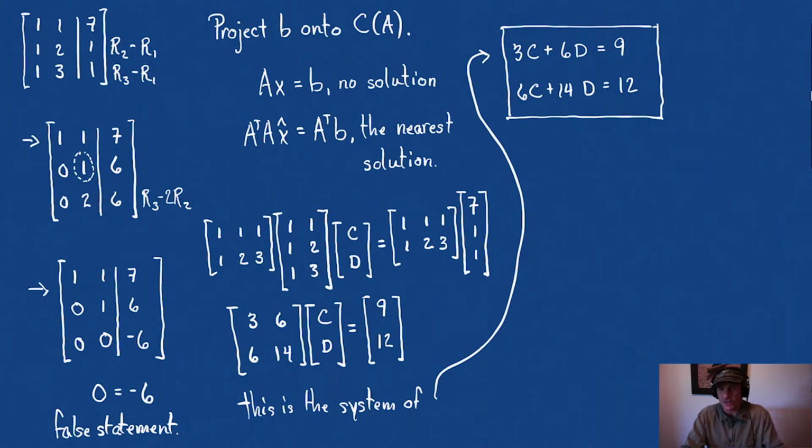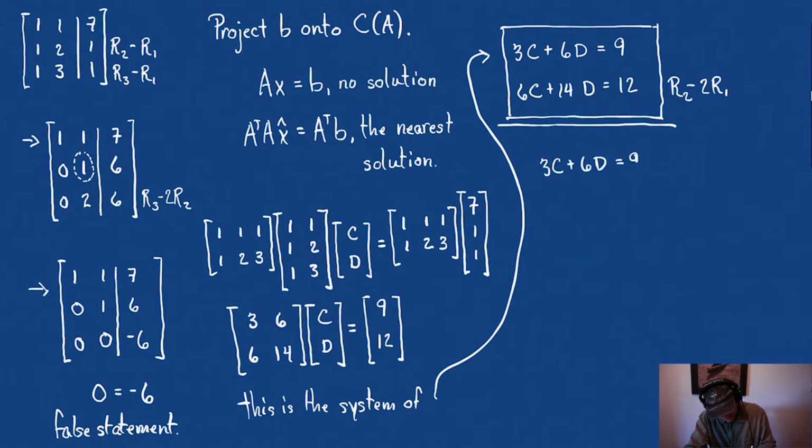So, what do we want to do here? Let's solve this. I could leave it in the matrix, but I think we're to the point now where I could very simply say, if I take row 2 and subtract 2 times row 1, that's going to give me 2 equations. It's going to give me 3c plus 6d equals 9. And then the second equation becomes 0c, 14 minus 12, that's 2d.